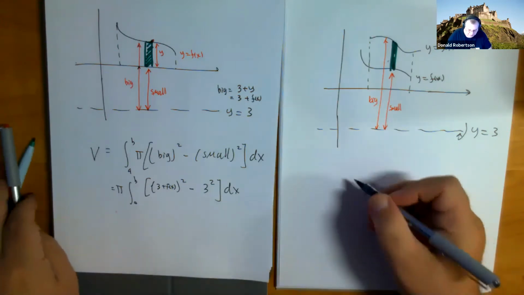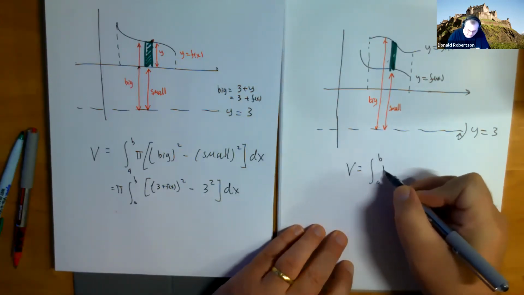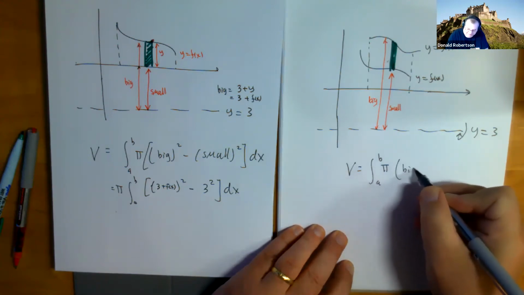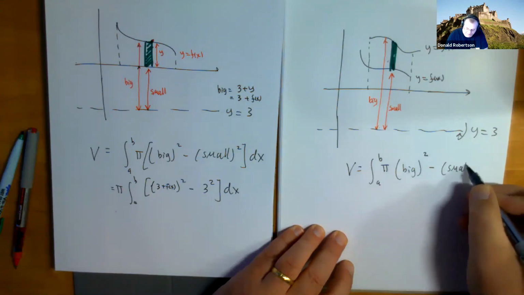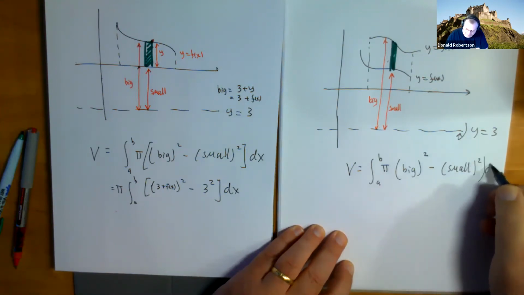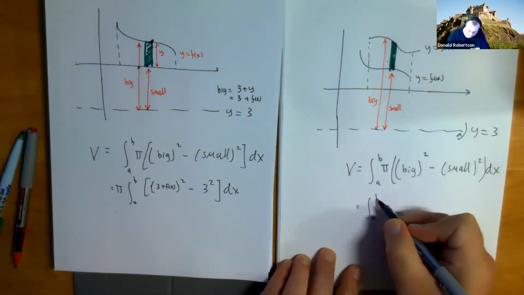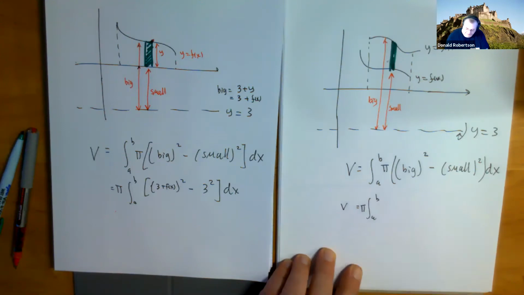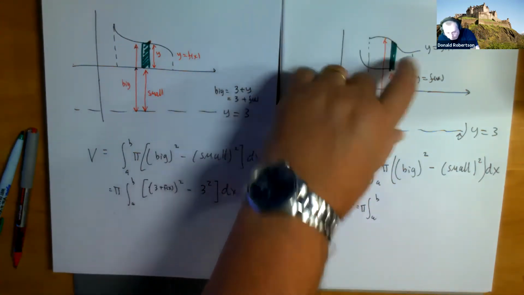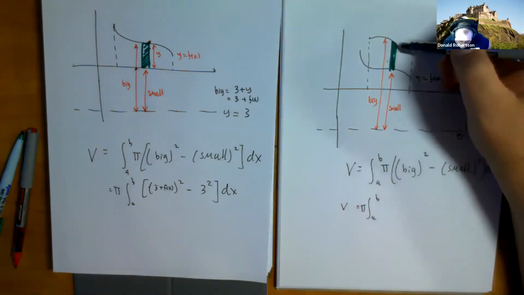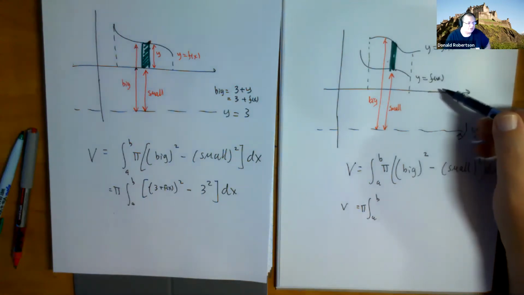So my volume is going to be the integral from a to b of pi, the big radius squared, subtract the small radius squared, dx. This big one and this small one reach different heights. One reaches the height g of x, the second one reaches the height f of x.